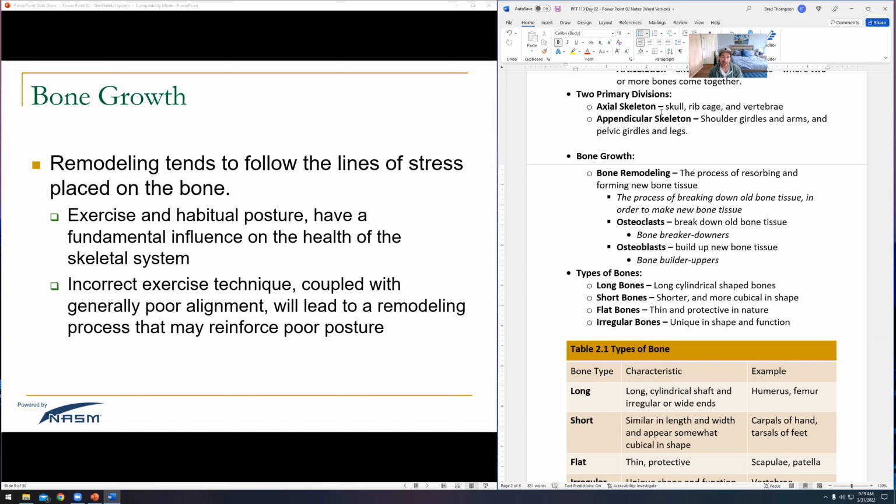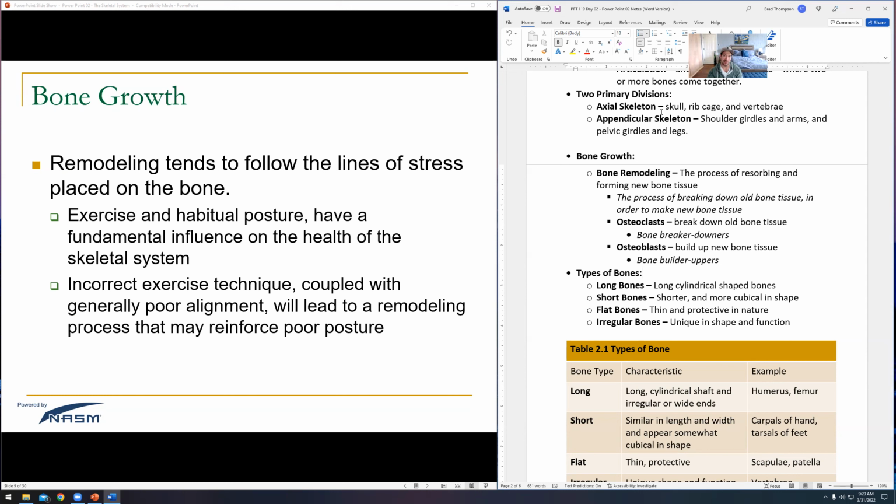If you don't put any stress on them at all, you're going to have very weak bone tissue. You put a lot of stress on them, you're going to have very strong, very dense bone tissue. And that sounds great. But another thing to remember is that your bones will also shape themselves based on however you are functioning, which means if you habitually have poor posture, your bones will actually eventually reflect that.